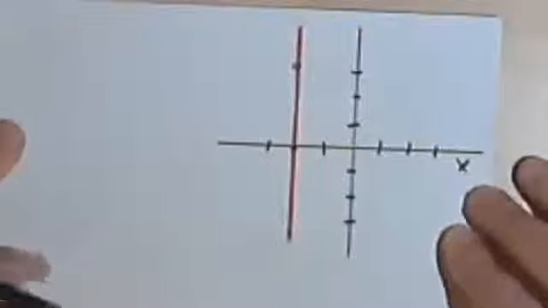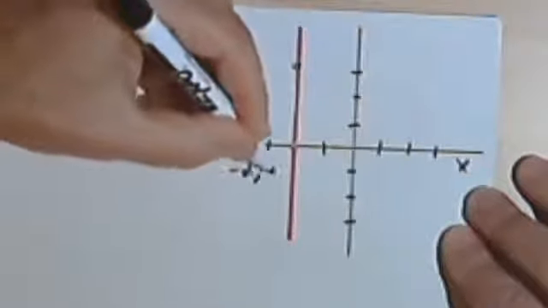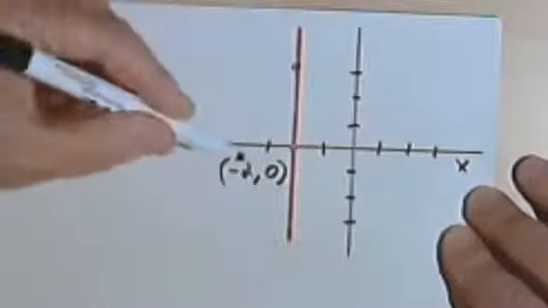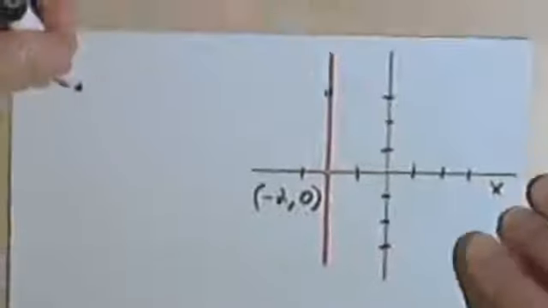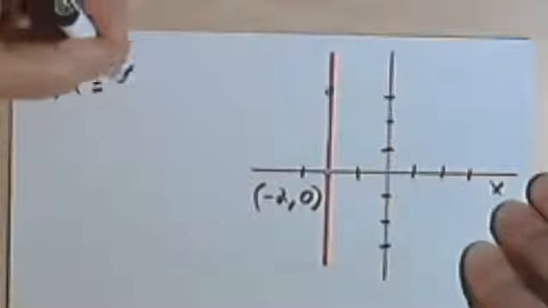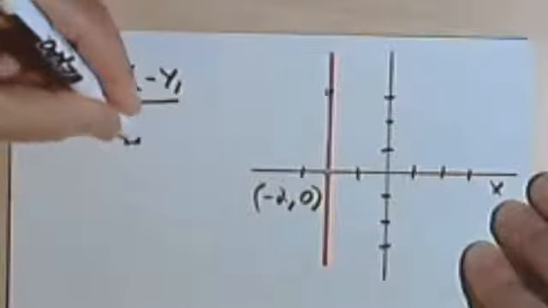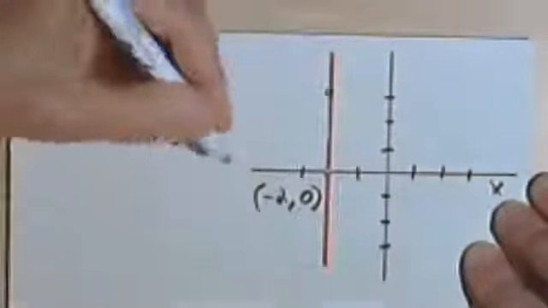So here I've got a vertical line. It looks like it goes through the point -2, so that's going to be (-2, 0). And we'll do the same thing. So we want to find the slope. The slope is y sub 2 minus y sub 1 over x sub 2 minus x sub 1.